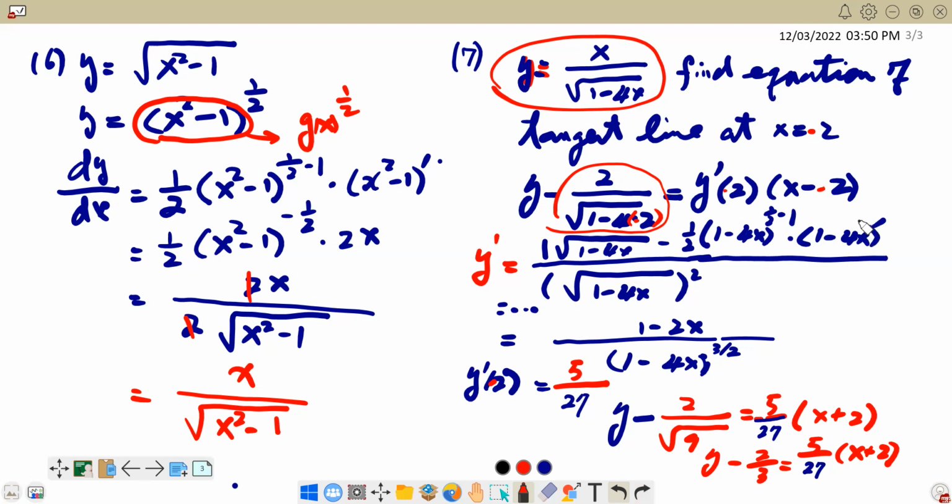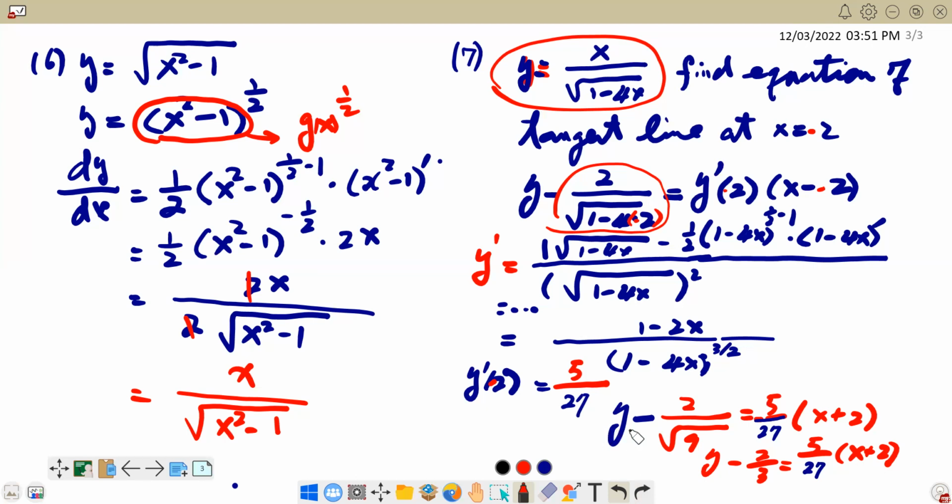Now it takes time to simplify, so I just copy the answer and skip all the intermediate steps. So I get 1 minus 2x over 1 minus 4x to the 3 over 2. So y prime at negative 2 is 5 over 27.